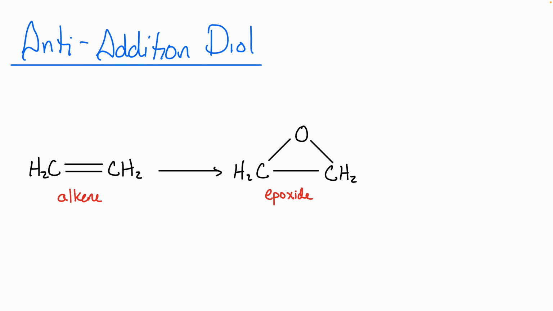We see our epoxide's got this three-membered ring here. Are three-membered rings nice and stable? No. So all you got to do is treat this three-membered ring with a dilute acid, and it will pop open, giving us a diol.